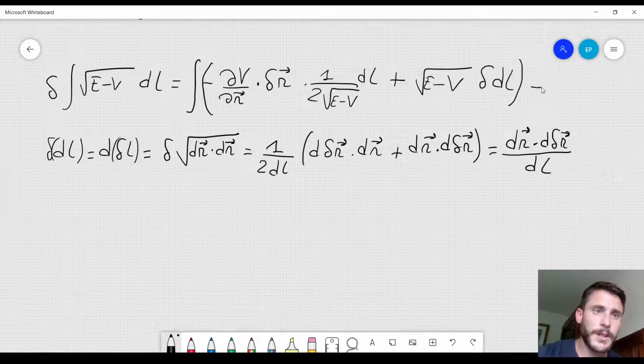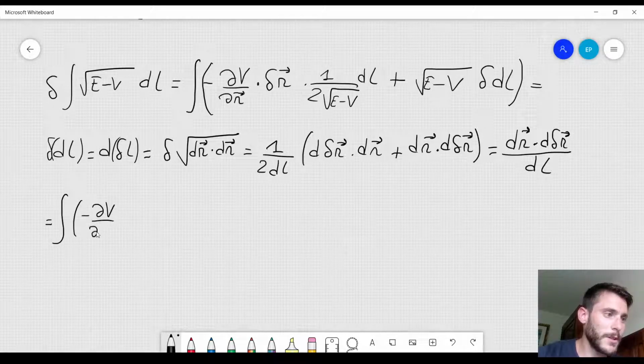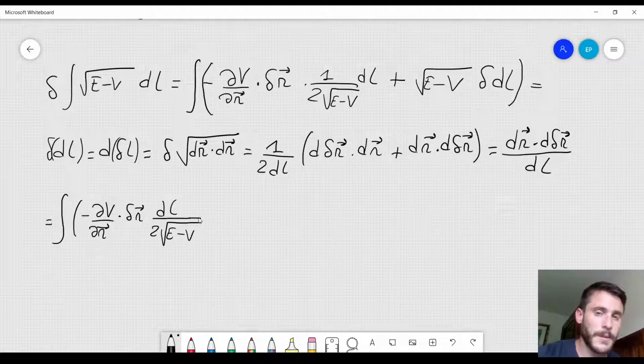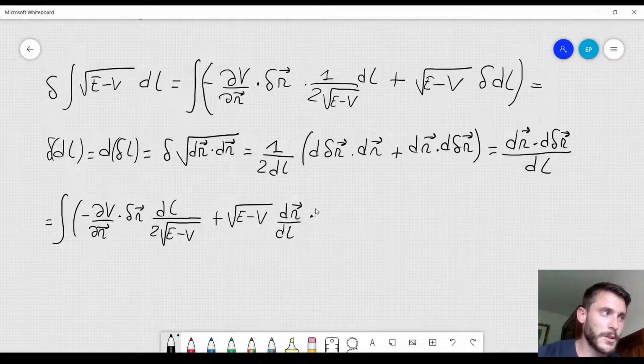Therefore I can rewrite this integral here like this: integral of minus dV over dr dot product dr, dl over 2 square root of (E minus V). The first integral remains the same, and then I have plus square root of (E minus V), and here I have dr over dl dot product d variation of r.